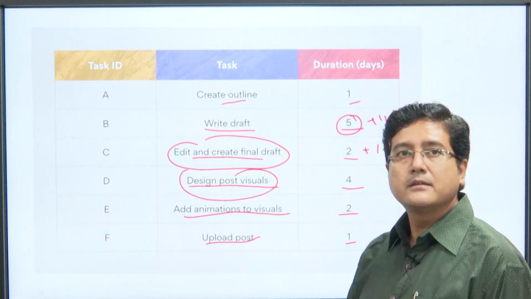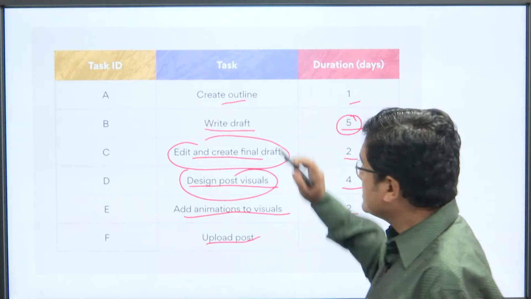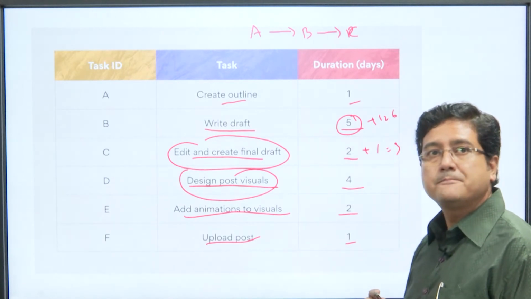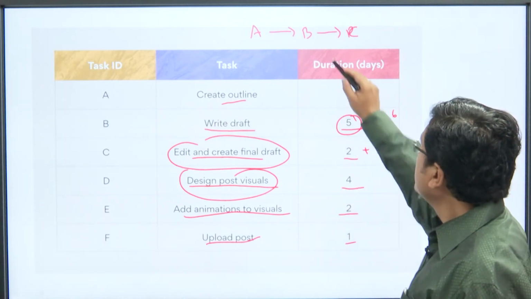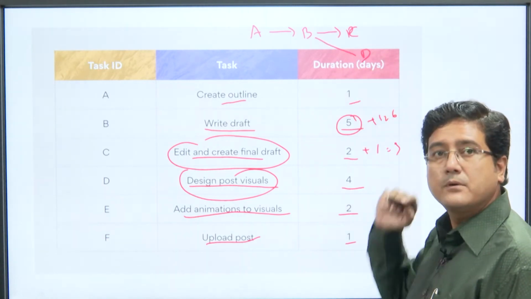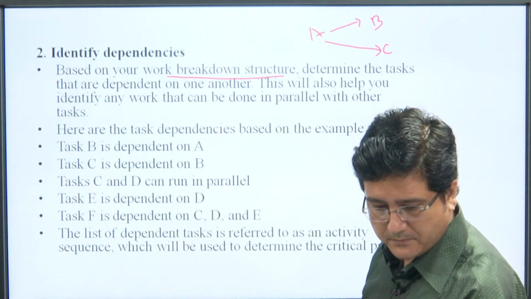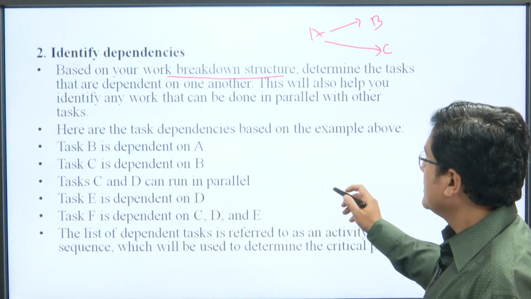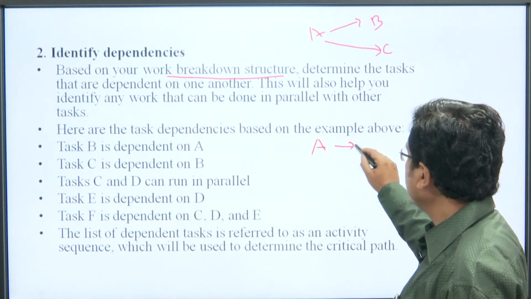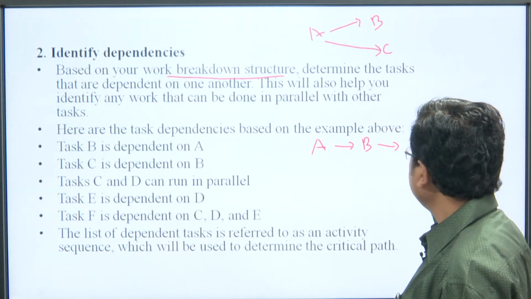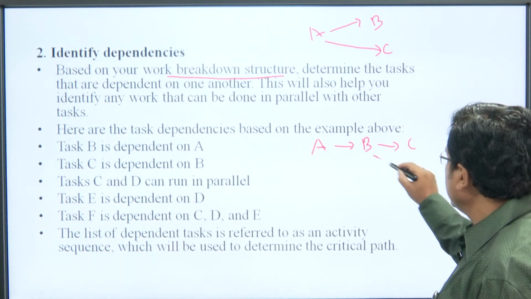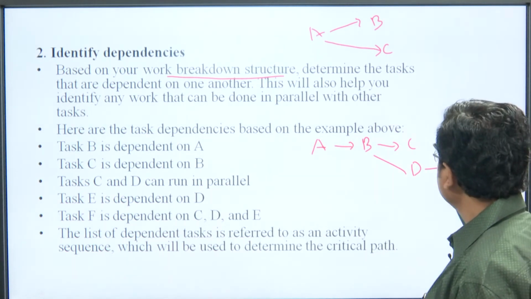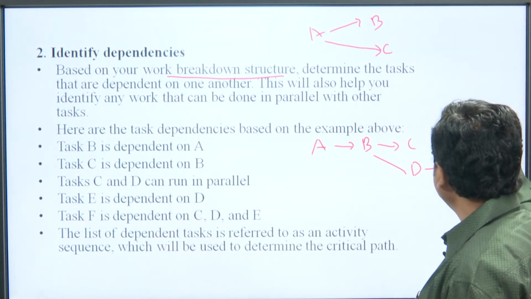So we can draw a CPM path A, B, C like this, and D. E depends on D. F depends on C, D and E. F is the finishing task.